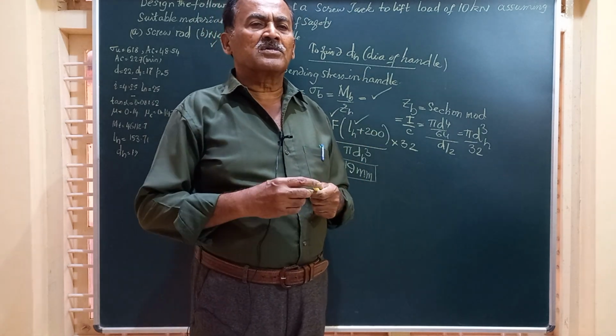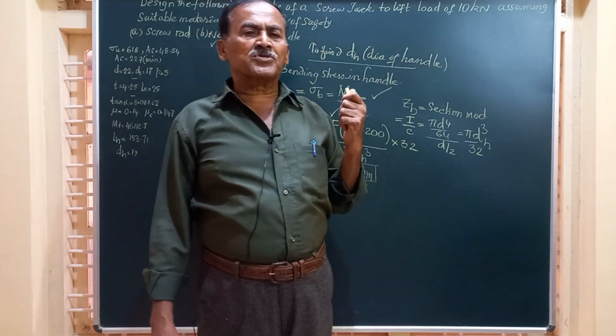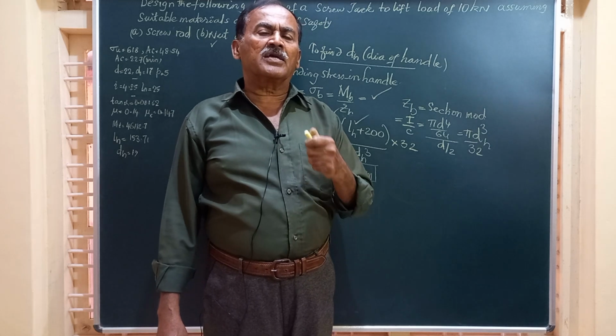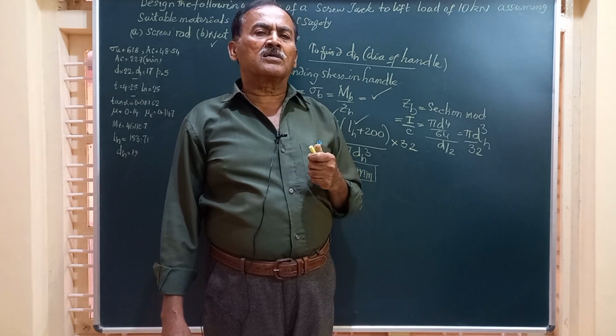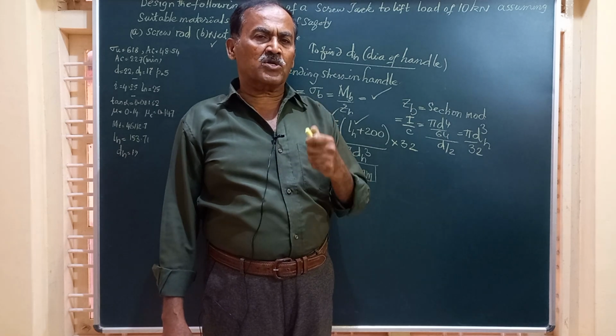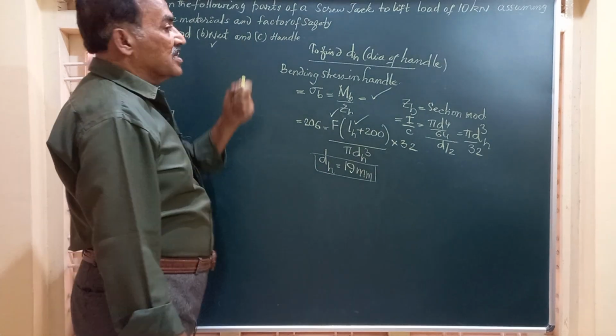So friends, I am very sure that all of you would have followed the procedure adopted to design a screw jack. The main components, namely the handle, the screw rod and the nut.